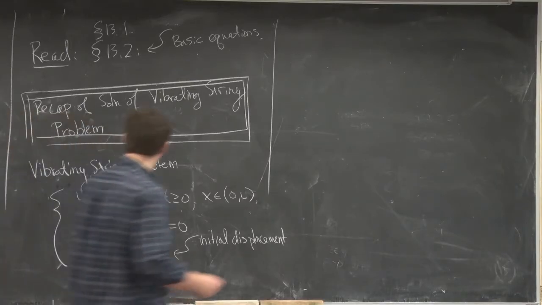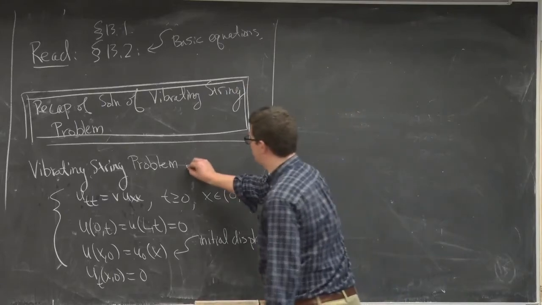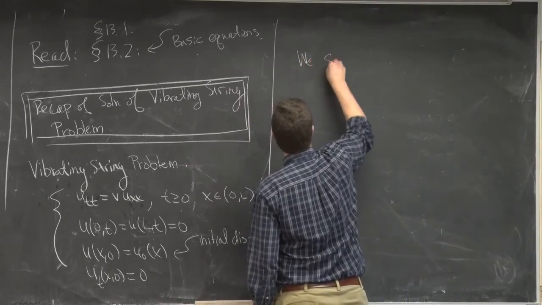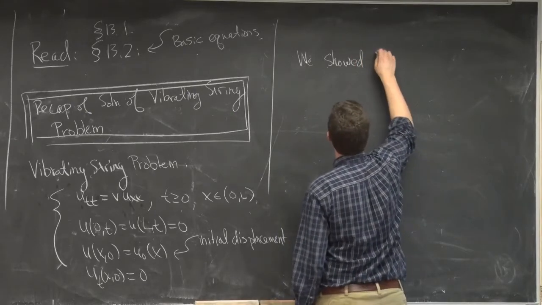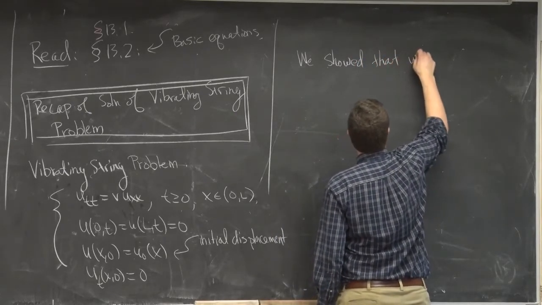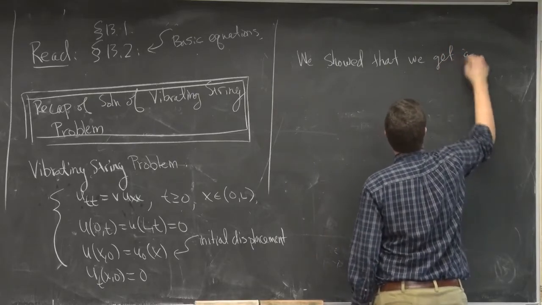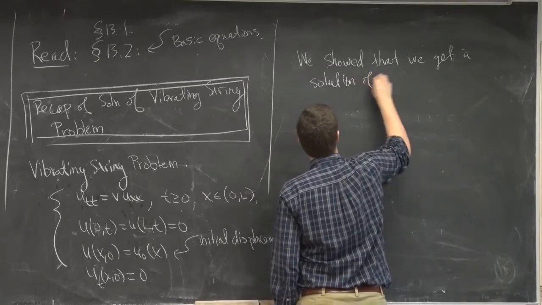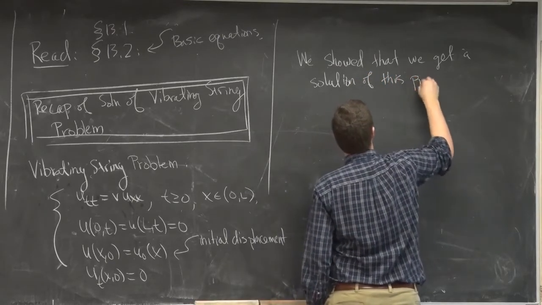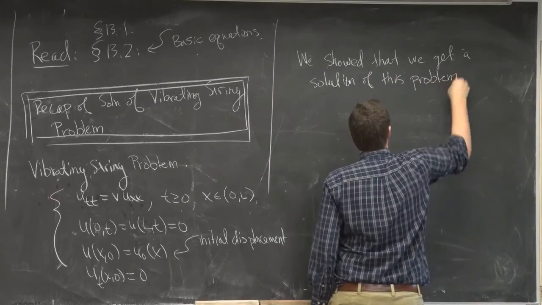So we showed, I guess we didn't really prove, well, we didn't talk about convergence or anything, but we showed that we get a solution to this problem. And so what did we have?